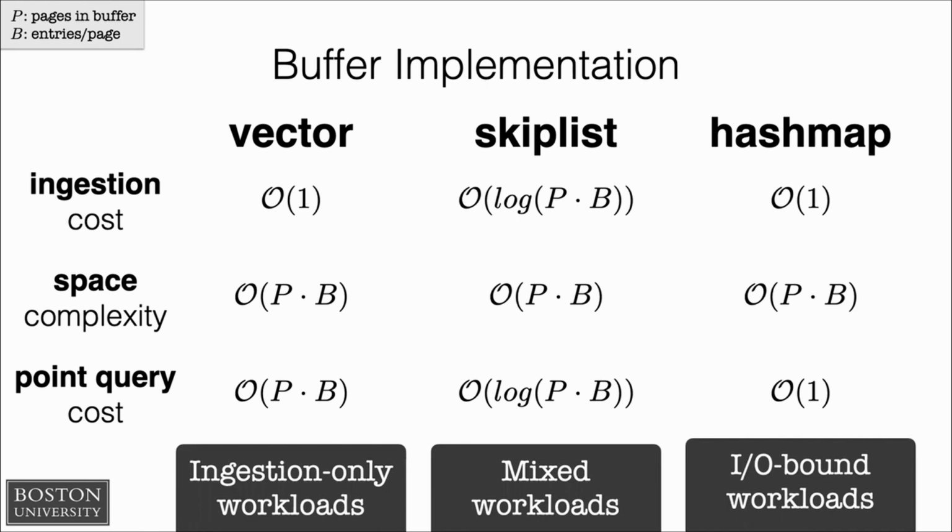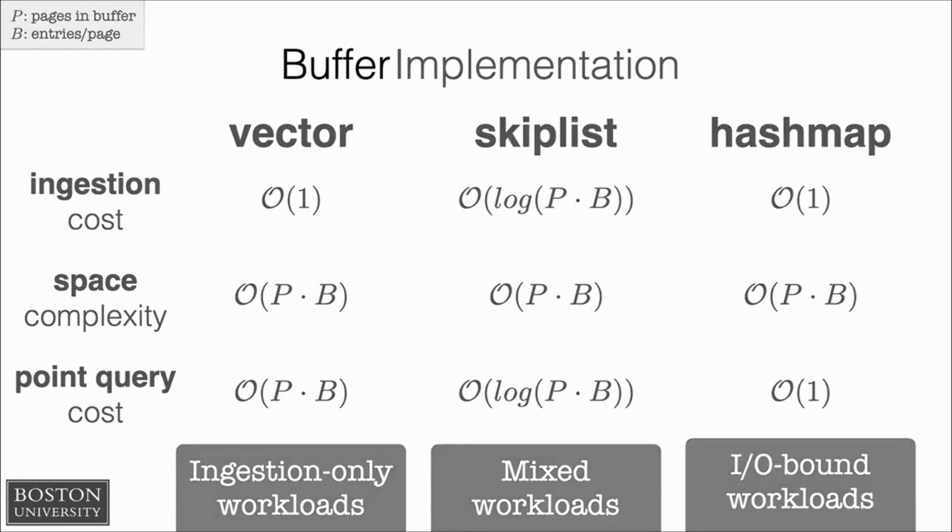On the other hand, if I have a mixed workload where reads and writes are interleaved and I really care about the tail latency of all the operations, I would rather go for a skiplist. And lastly, if we have some extra CPU horsepower to spend because our workload is IO bound, we might as well go for a hash map based implementation of the buffer.